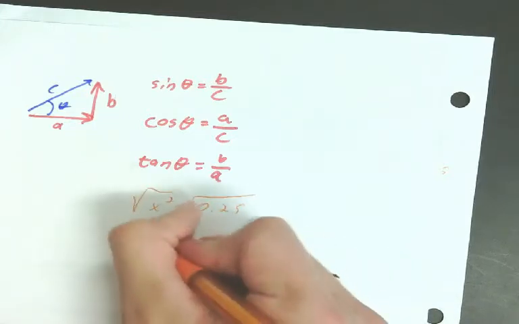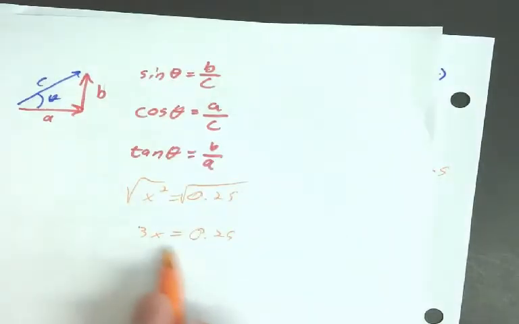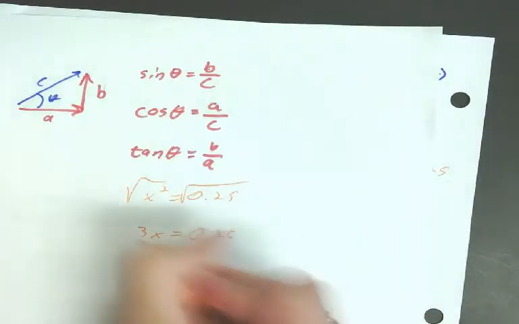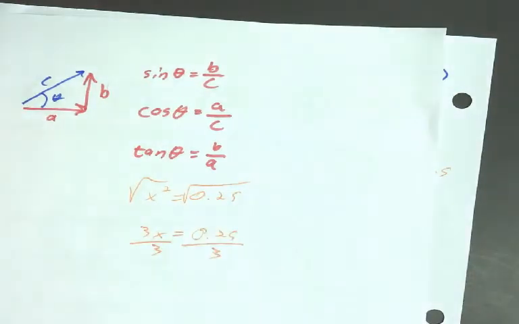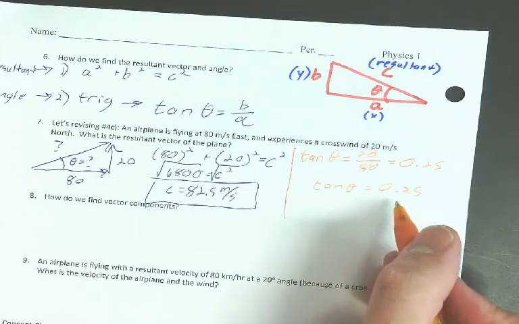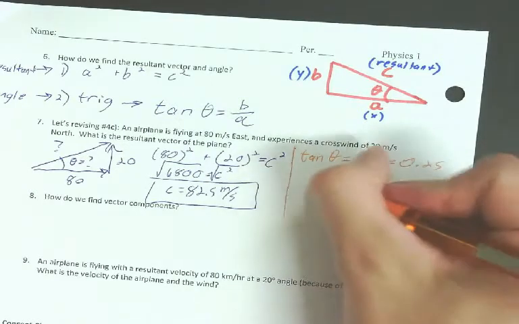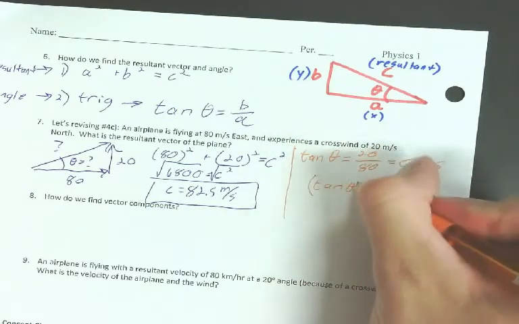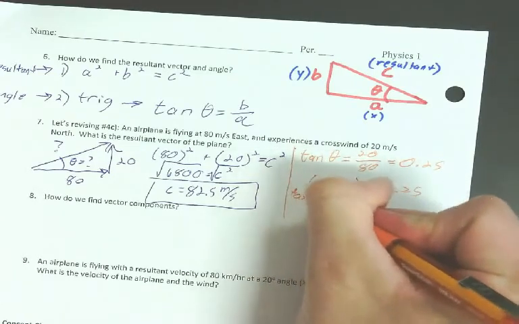If I had 3x equals 0.25, I don't want 3x, I want just x, so I would divide both sides by 3. I have tangent theta equals 0.25. I don't want tangent theta. I want just theta. So I've got to do the opposite of tangent, and the opposite of tangent on your calculator is a button that says tan^-1.